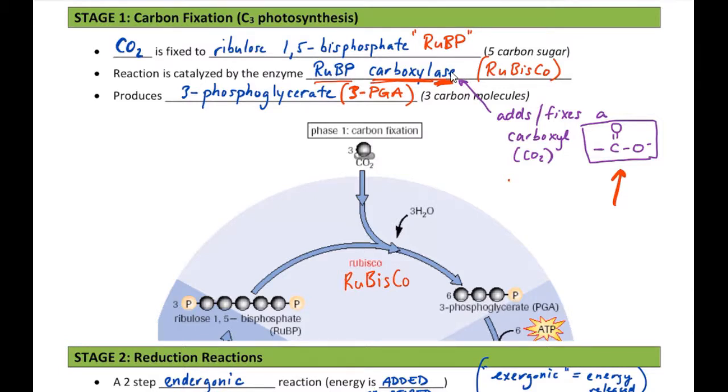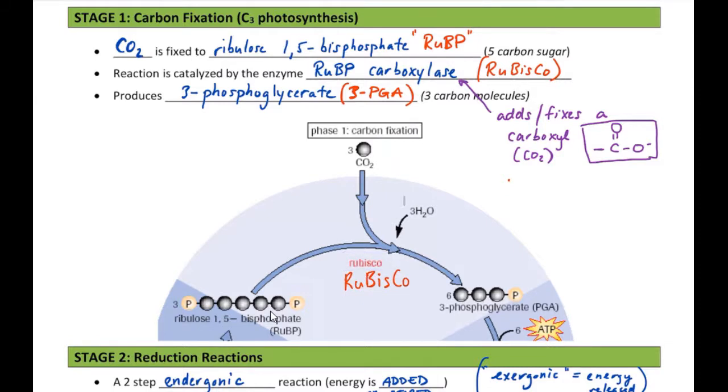So it is the enzyme that adds a carboxyl group to rubip, but for short we call it rubisco. Or you don't have to do capitals, that just helps you to remember it's a 3-part thinger. Rubisco is fine if you do a lowercase, I don't care. Okay, so the actual rubip and the carbon dioxide get crunched together by rubisco.